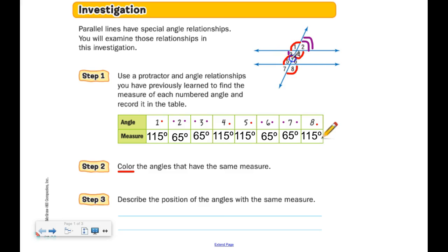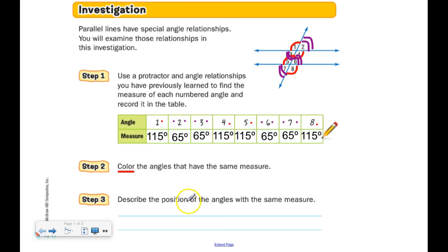So 2 is congruent to 3, which is congruent to 6, which is congruent to 7. And those again are just standard symbols that you're going to see in geometry, indicating that all the red single curved angles are congruent and all the purple double curved angles are congruent. It's very easy to look at the diagram and decide what's going on there.